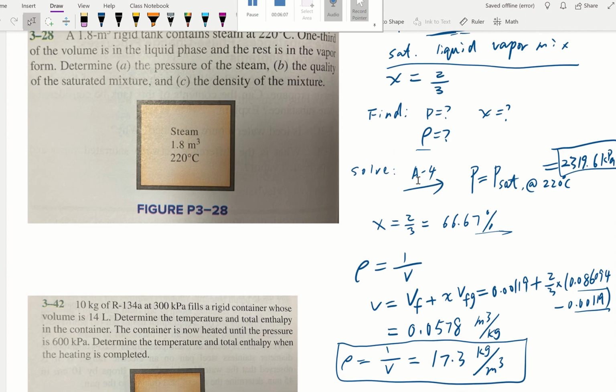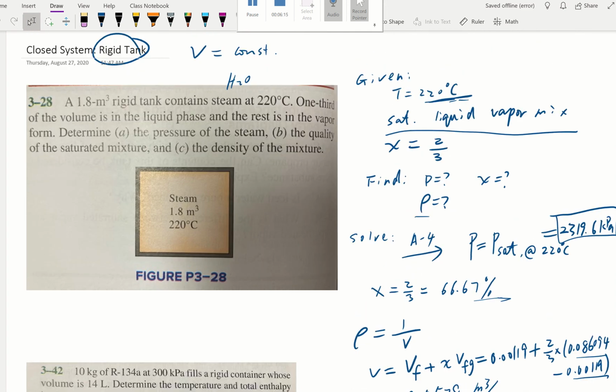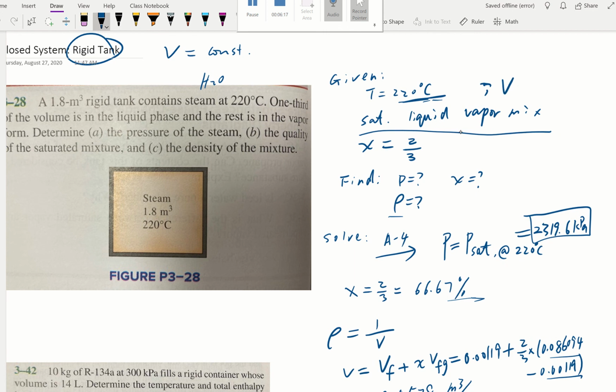Now, taking a moment to look at this problem again, I realized I never used this volume, the 1.8 meter cube that was given. Well, that's all right.